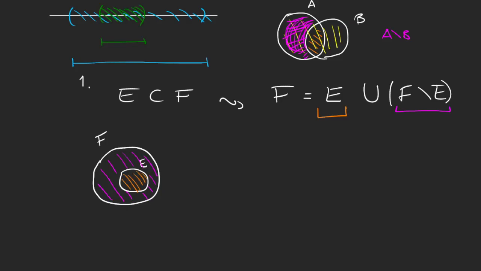So this is showing us that this union is disjoint. Okay, so we can actually write F as a disjoint union, and I'm gonna use this notation, E union with a D, just to mark that this is the union of disjoint sets. This is E union F minus E.